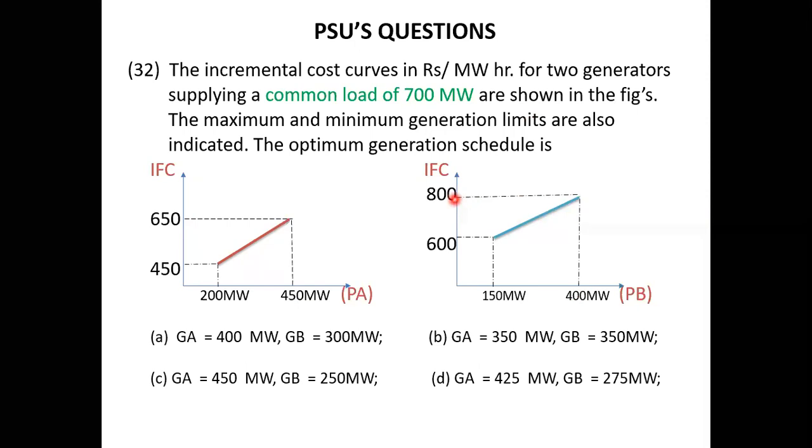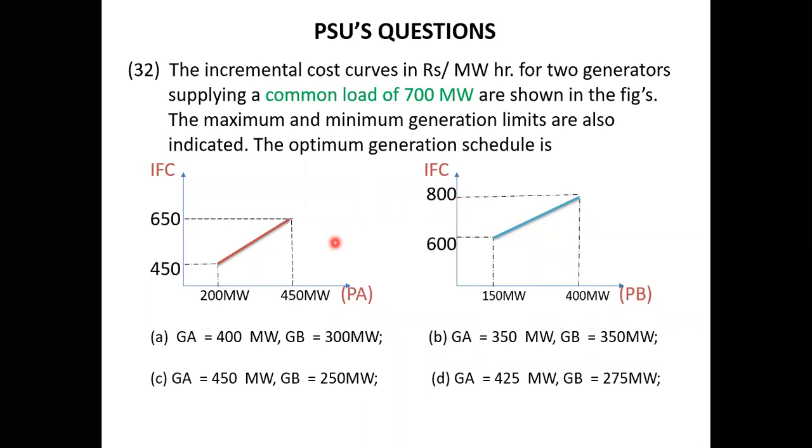So which is best here? It is better to produce 450 megawatts by using generator A itself, because in this case, it is enough to spend only 650 rupees. But when you are considering generator B, if you want to generate 400 megawatts, you need to spend 800 rupees per megawatt hour.